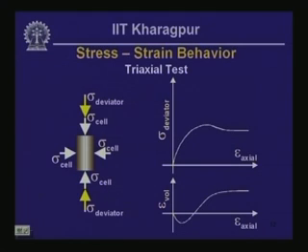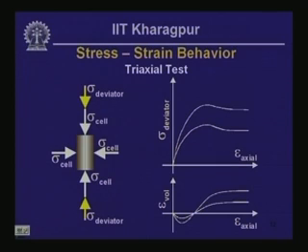And this is the response for the first test, and then we increase the cell pressure and do the same thing as we did in case of the previous test, and what we get is this.